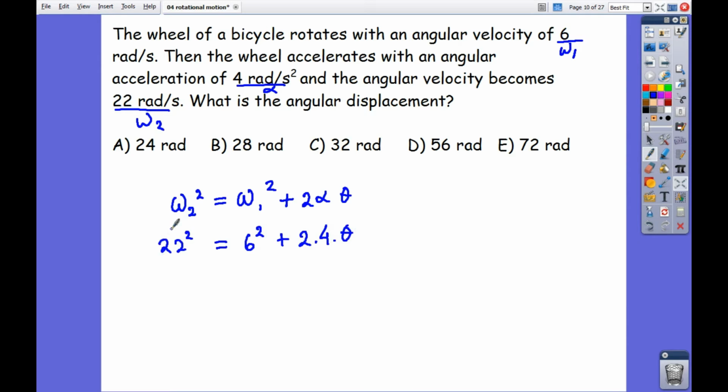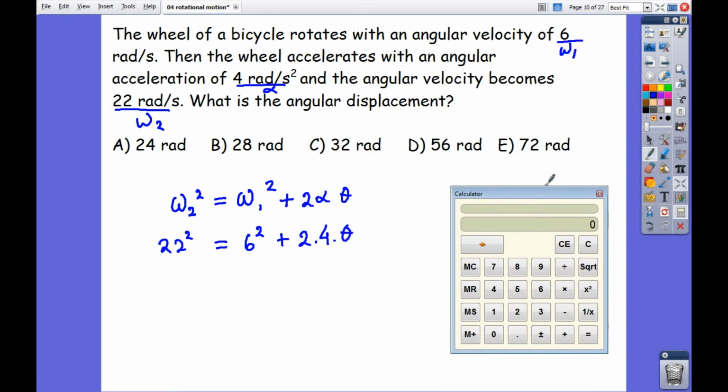So here 22 squared, let's use a calculator. 484 equal to 36 added by 8 theta.